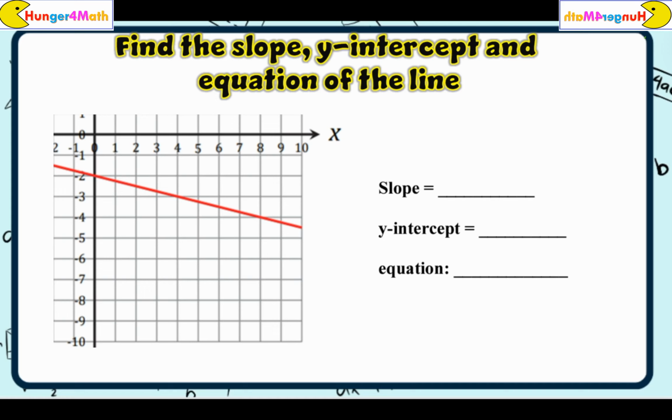Here we're going to find the slope, y-intercept, and the equation of the line. So to find the slope, we have to locate the points where the line crosses exactly the corner of the grid lines. So this will be the first point, second point, and the third point. Well, actually, we just need 2 points. So for the slope, it is rise over run.